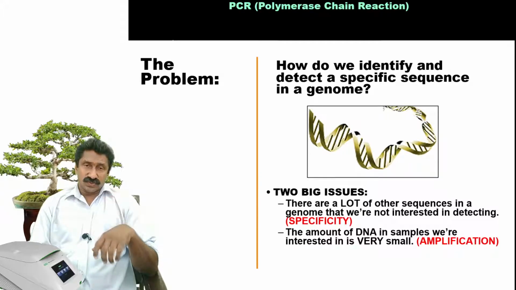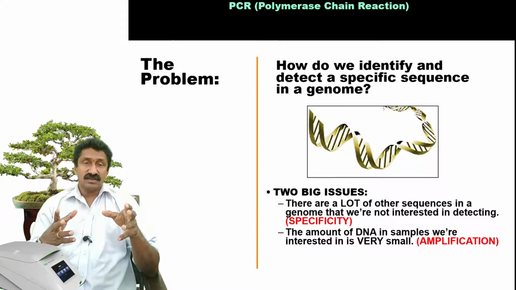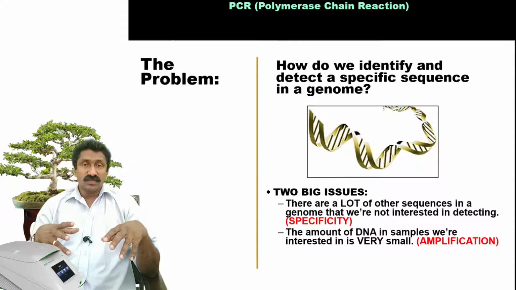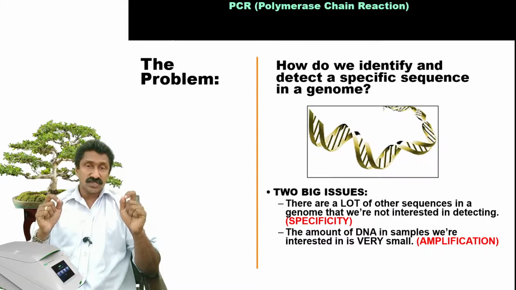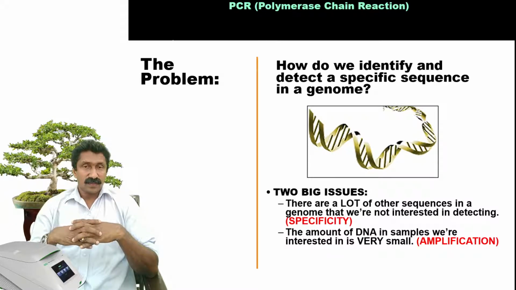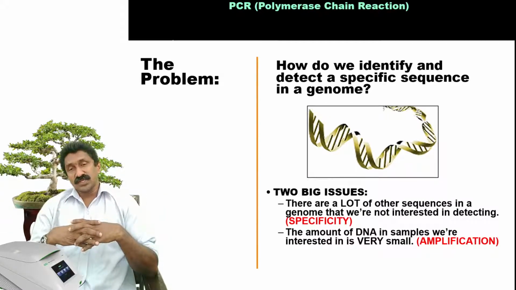There are two big issues. One is specificity, which means there are a lot of other sequences in the genome that we are not interested in detecting. For example, in a human genome, there may be 3 billion base pairs, and out of which you want to identify a particular sequence of 500 base pair length. So you are not interested in any other regions.